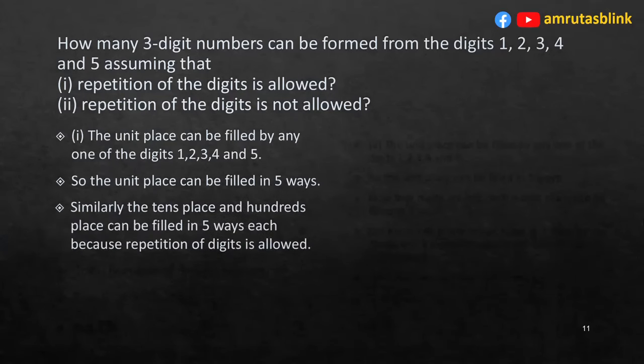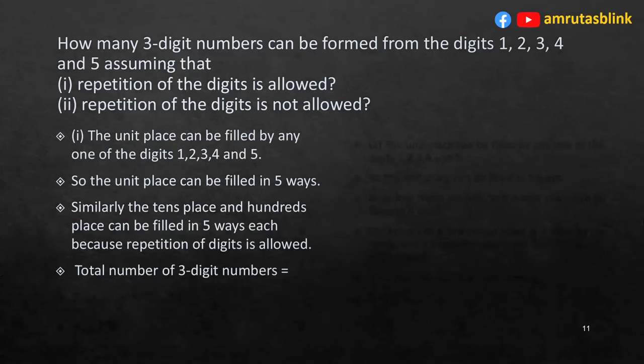Similarly, now when the repetition of digits is allowed, the tens place can also be filled in 5 ways and the hundreds place can also be filled in 5 ways. So the required total number of 3-digit numbers where repetition is allowed will be 5 into 5 into 5, that is 125.